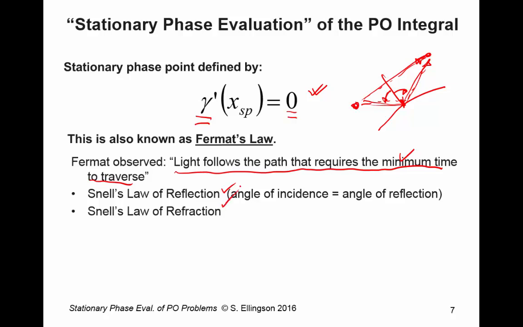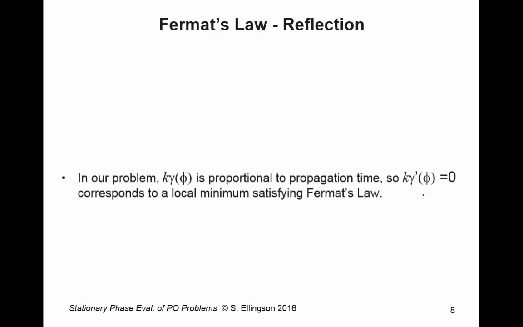There is such a thing as Snell's law of refraction, which we won't talk about here, but the idea is that if you have some refractive medium, say like the ionosphere, and electromagnetic radiation is refracted by this refractive medium, then the path it takes also, again, minimizes the time. Okay, so Fermat's law, related to this concept of reflection.